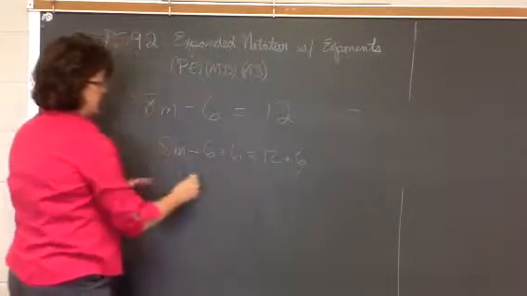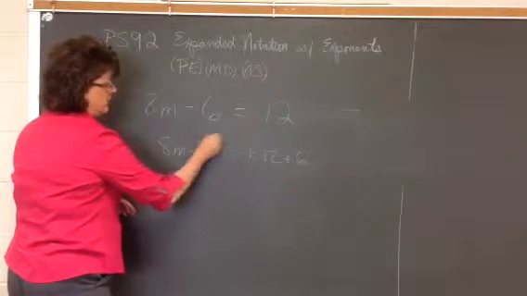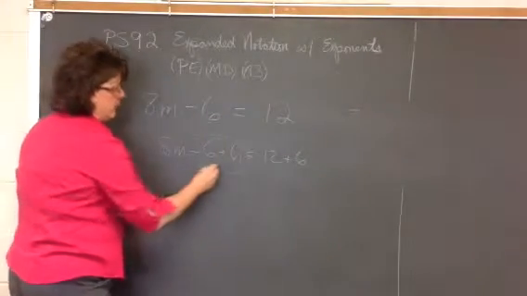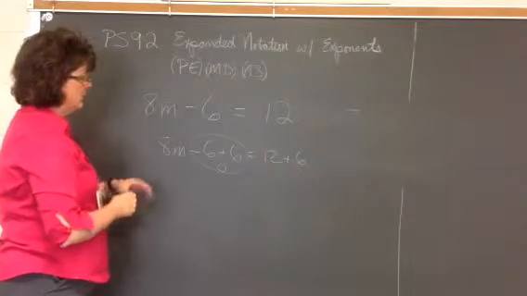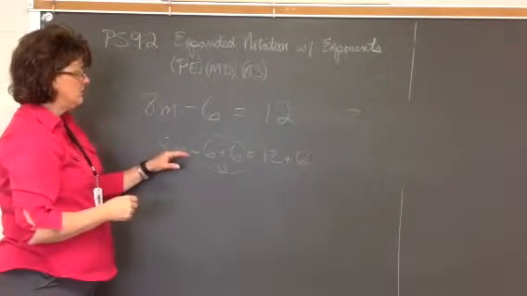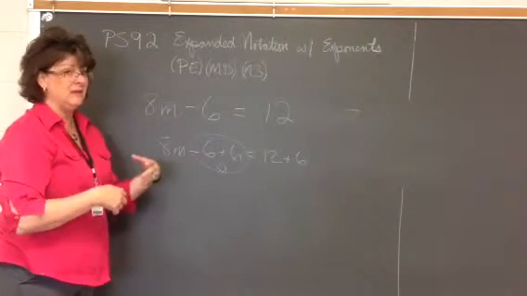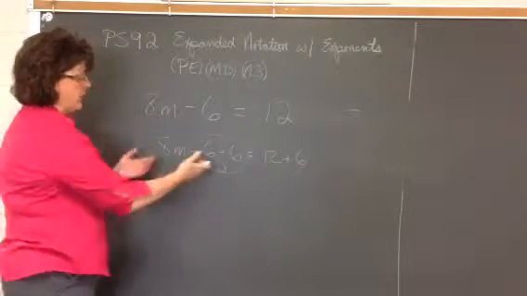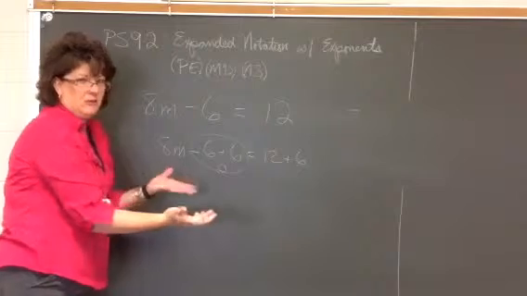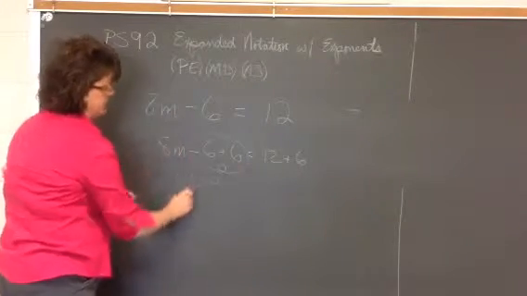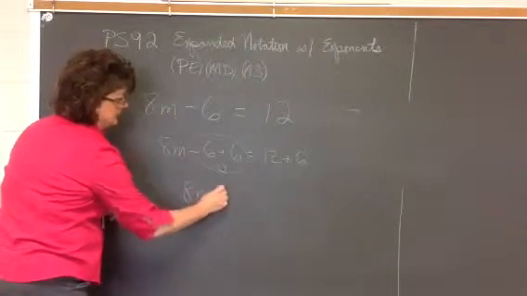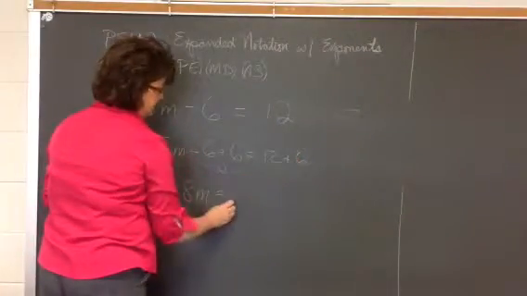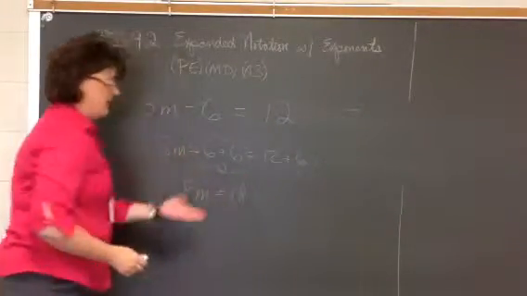Let's quickly simplify that. In your mind, these two neutralize each other. They become 0. So 8m minus 0 is still going to be 8m. I'm taking 0 away from 8m. So that simplifies simply to 8m is equal to, and then 12 plus 6 is 18.